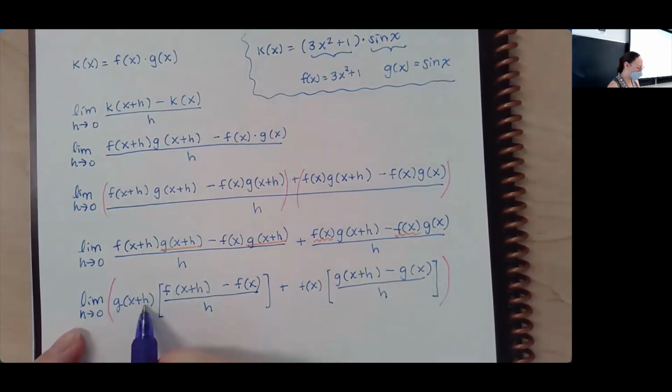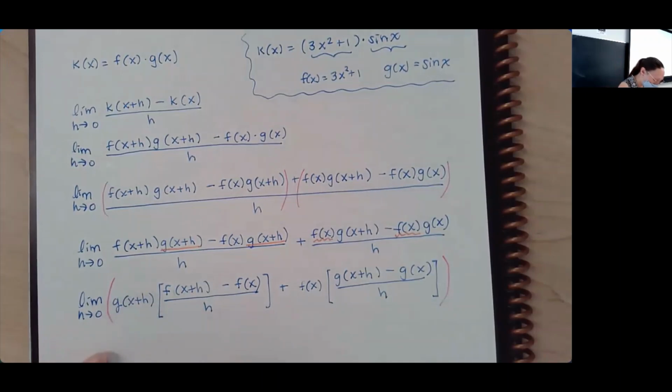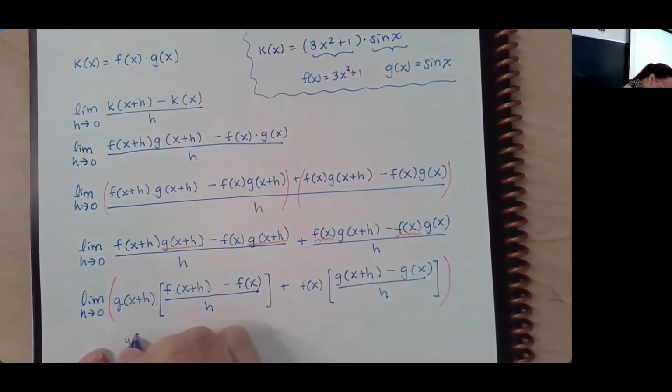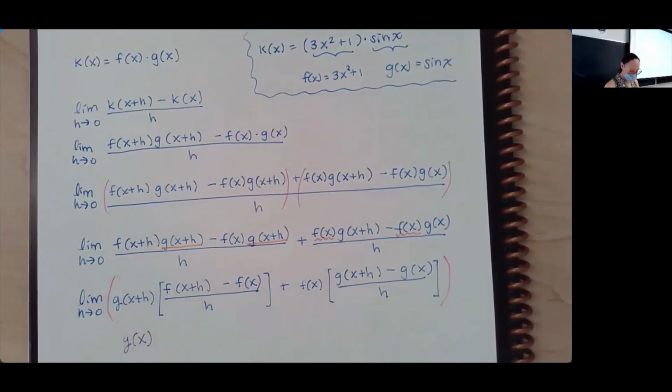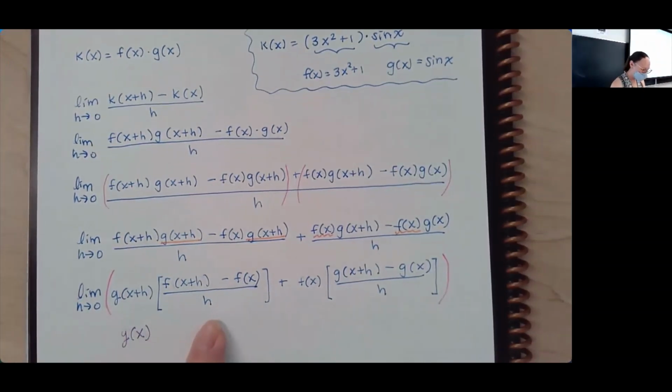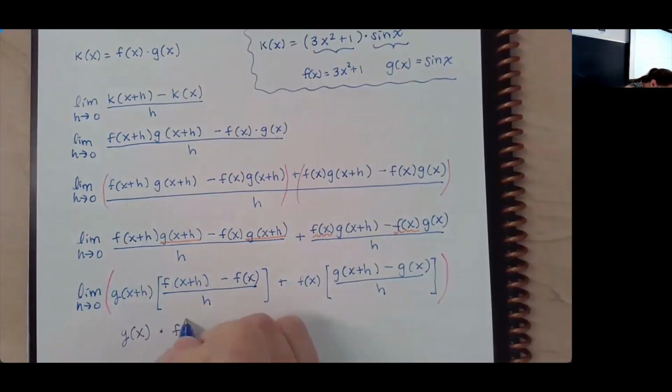Well, if I plug in 0 for h right here, I end up with g of x. And if I take the limit as h approaches 0 of f of x plus h minus f of x all over h, well, that's just our definition of the derivative for f. So that is f prime.